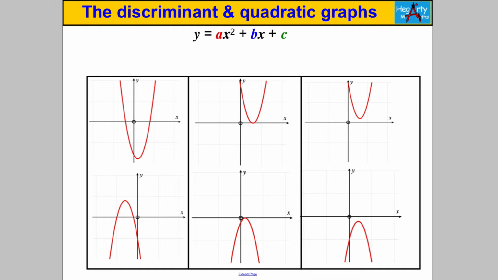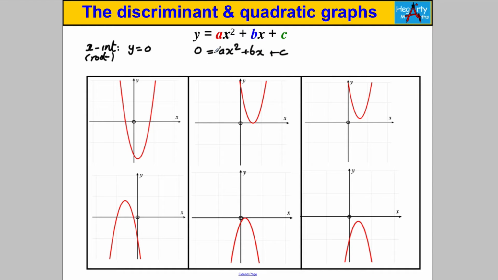So, suppose we had some general quadratic, y equals ax squared plus bx plus c, and we were trying to find its roots, or its x-intercepts. Remember, its x-intercept, or its root, you solve by letting y equal 0. So you're trying to solve 0 is equal to ax squared plus bx plus c.